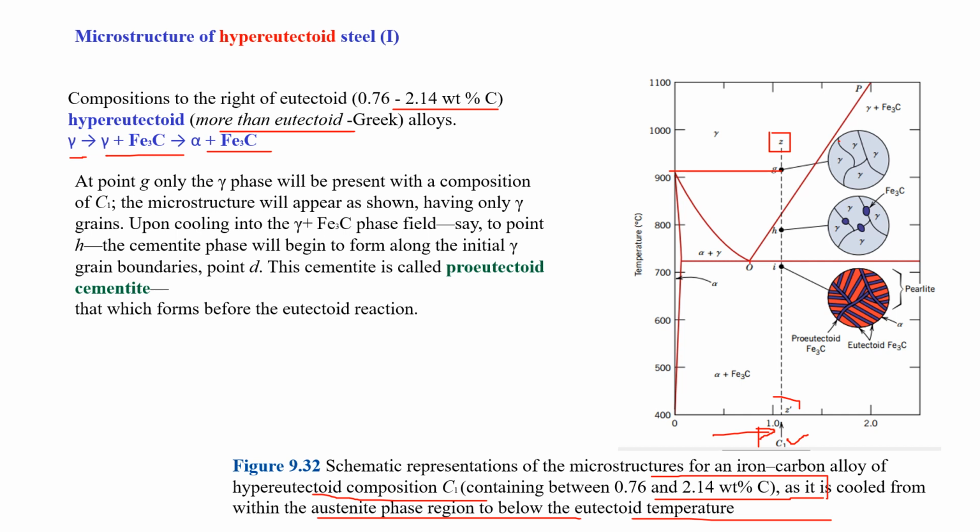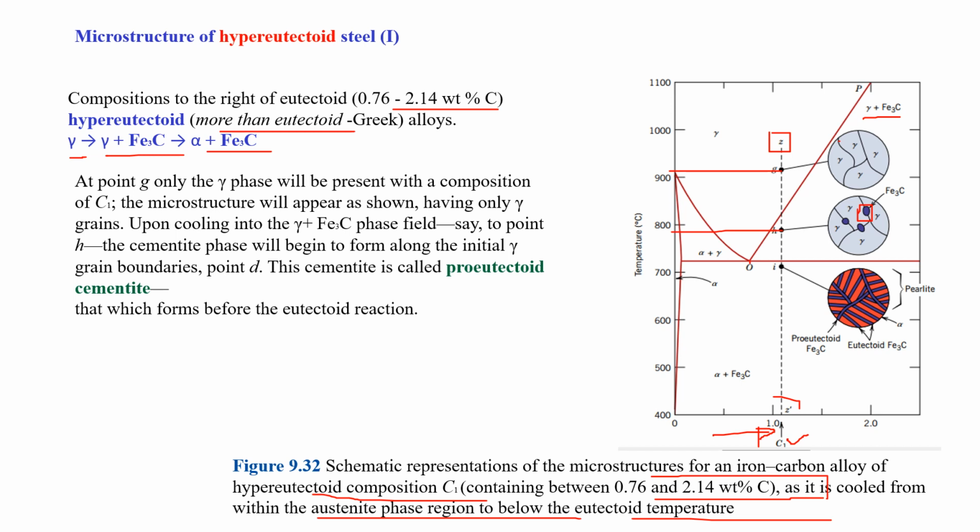It will not change until it crosses the boundary, line PO. Once it is cooled below 800 degrees centigrade, it crosses the boundary and enters the gamma plus iron carbide region. In this region, small grains of cementite form at the boundaries of the austenite.